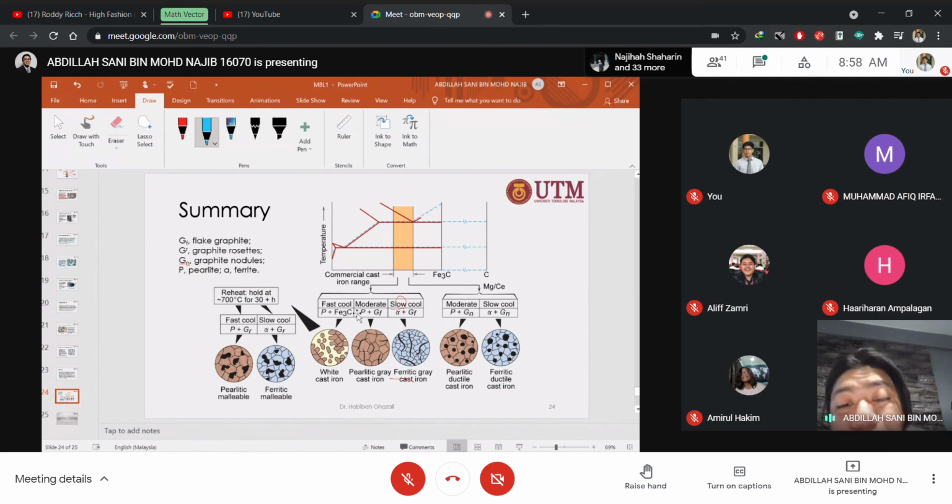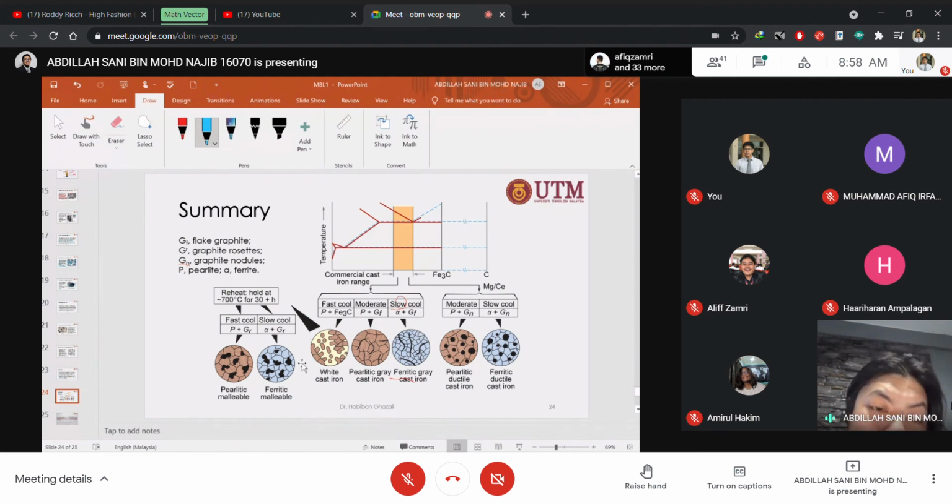If you give time and opportunity to diffuse, they will form flake-like graphite. If you give more time, more energy, and more opportunity for diffusion, all of the carbon will get together in the graphite flakes, and the remaining phase will be only ferrite.